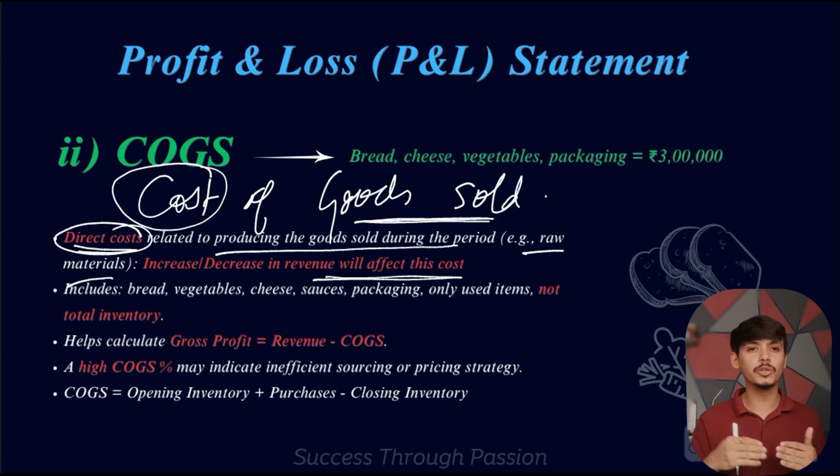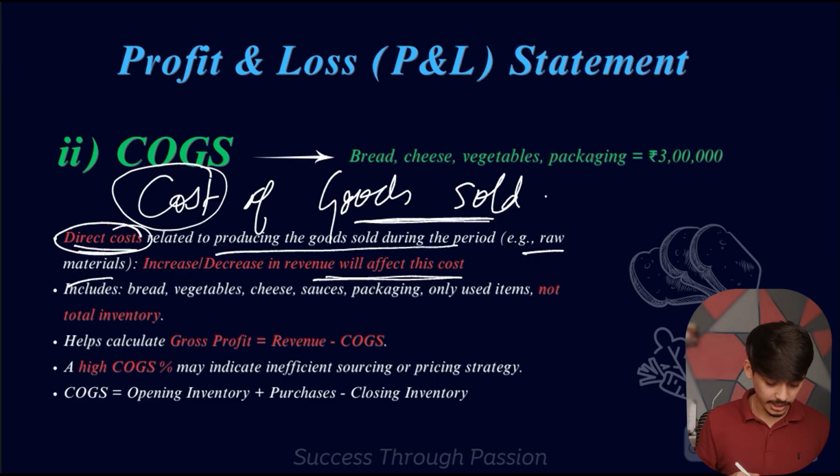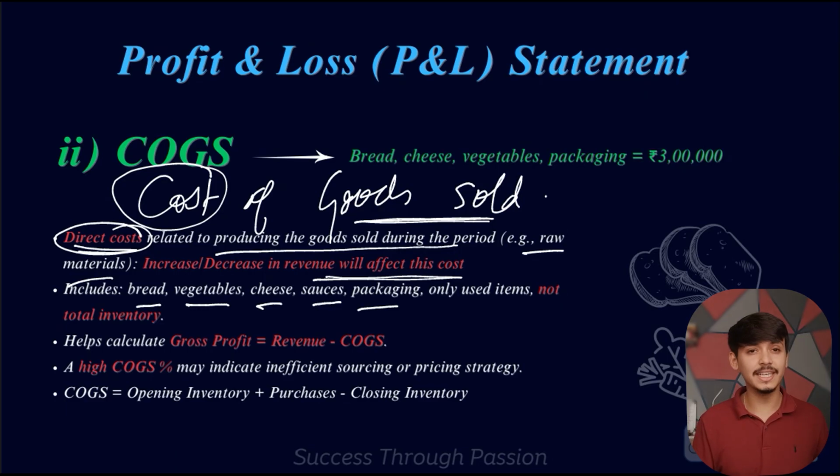So let's assume that you are earning higher revenue, then this cost will definitely increase because you are selling higher number of products. And if your revenue decreases, this cost will reduce as you sold less number of products. So for the example which we have taken over here of Sandy Sandwich Company, the COGS include bread, vegetable, cheese, sauces, packaging, which are the items that we will definitely need to produce a sandwich and to sell it to a consumer.